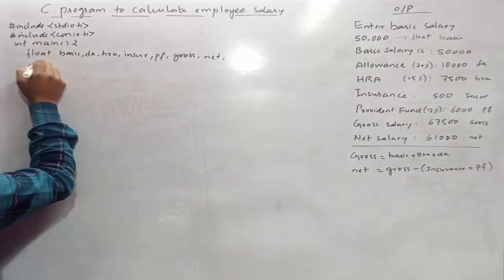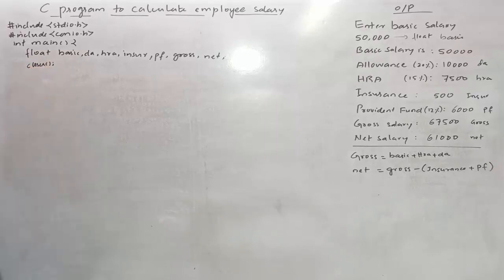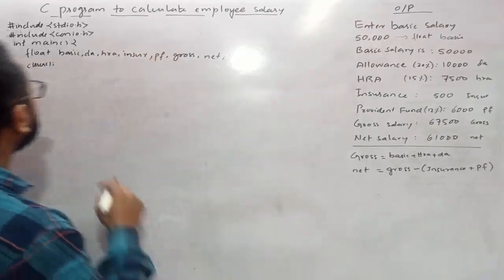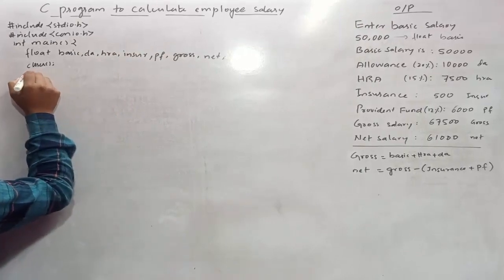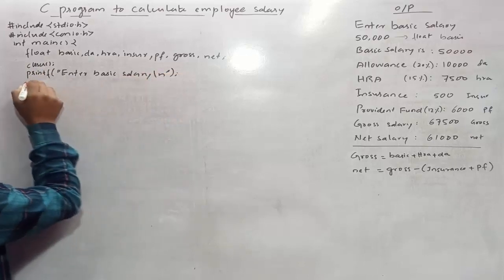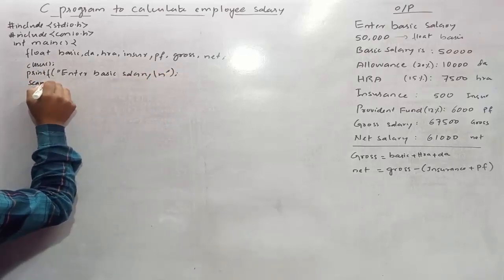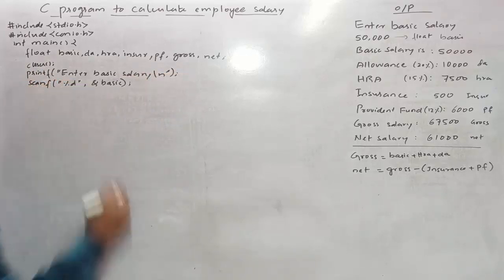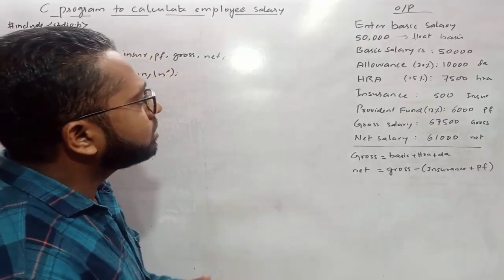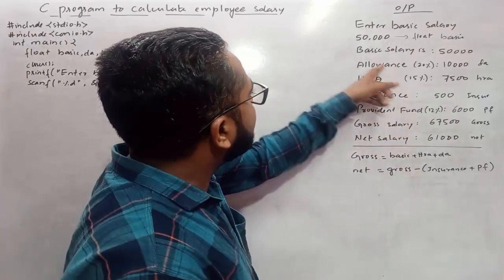Next is clear screen, and next we need to ask the user to enter the basic salary. To display the message, I will use printf, and then I need to read using scanf. Next I need to calculate a few things like allowance.